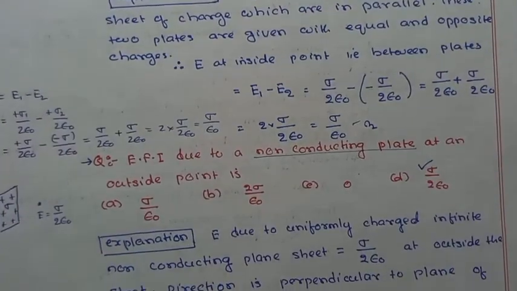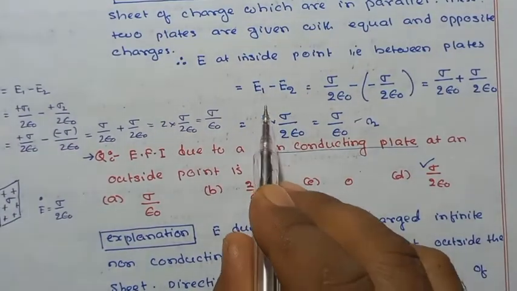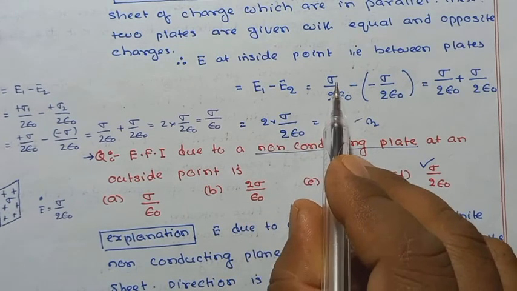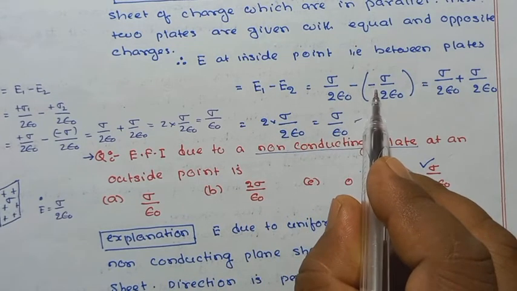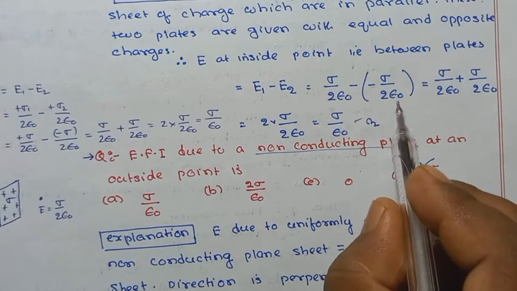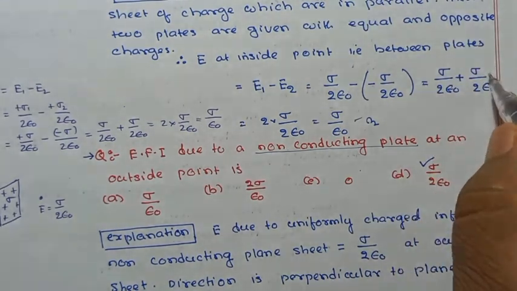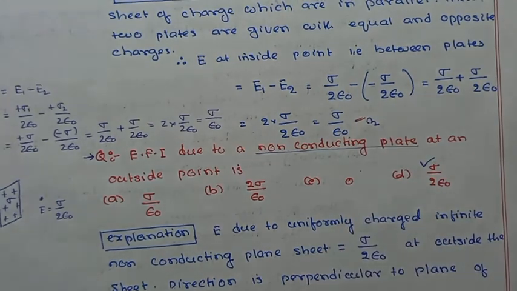So resultant electric field is E1 minus E2, that is putting now this value sigma by 2 epsilon 0 minus of minus sigma by 2 epsilon 0, so minus minus plus. So after solving this, we will get sigma by epsilon 0.